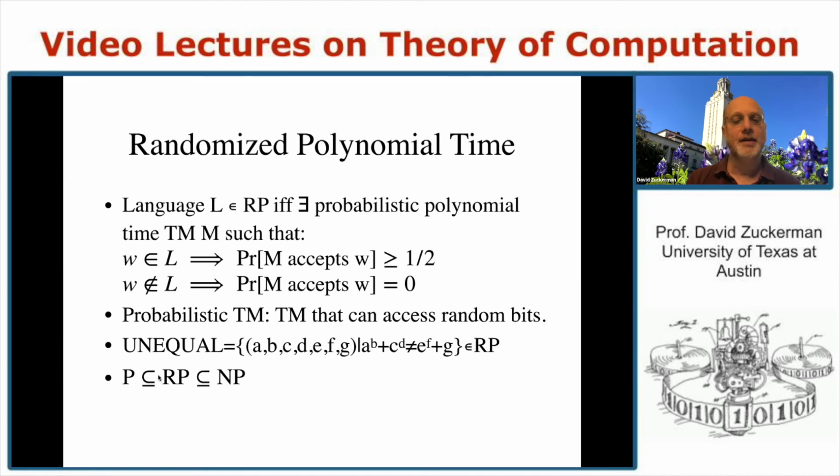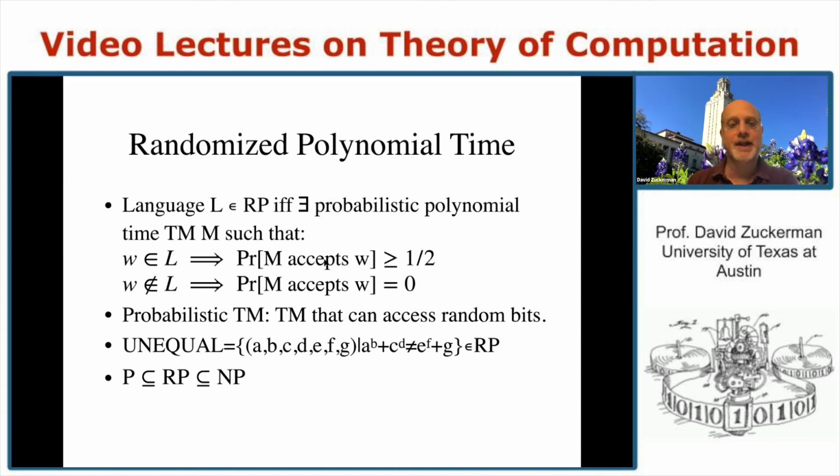And RP, of course, contains the class P, because if M were a deterministic algorithm deciding L, well, then M would accept with probability 1 if w is in L, and with probability 0 if w is not in L. So it would satisfy these conditions here. It's also in NP. Why is that?